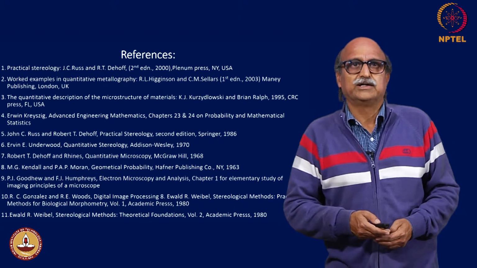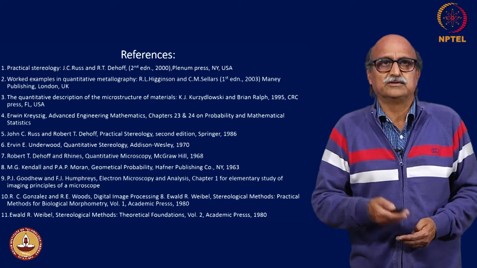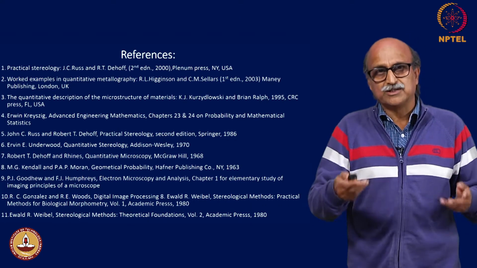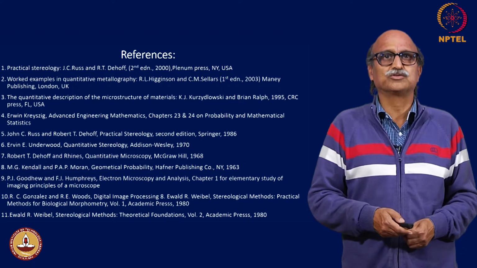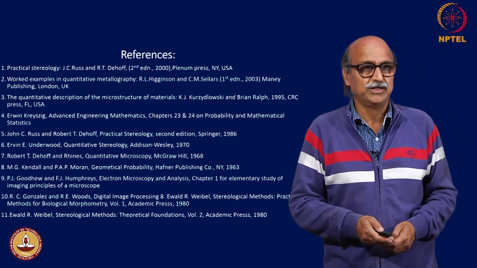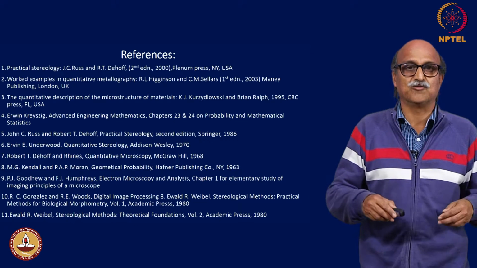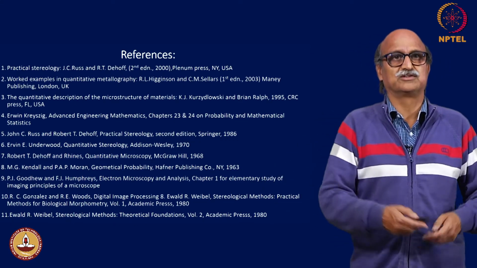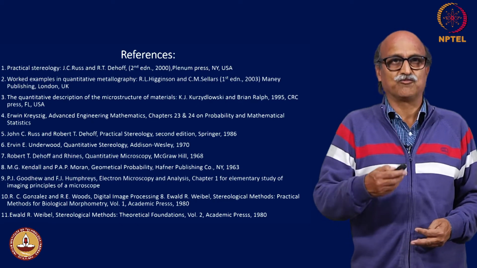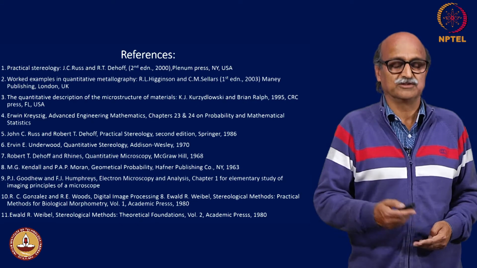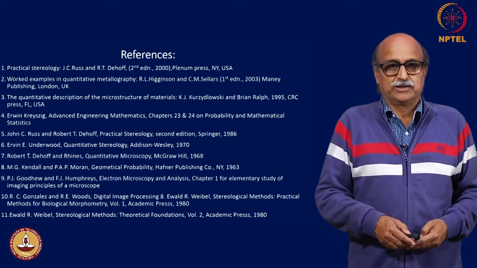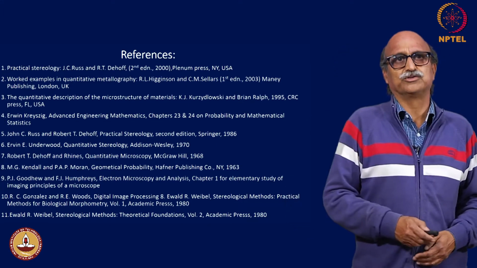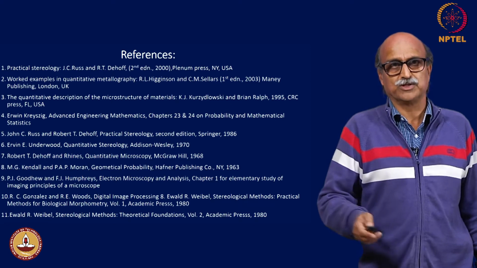And then the last 2 references, 10th and 11th, are mathematically quite involved books on stereology. People who actually want to start working or doing perhaps their research in this area would find references number 10 and 11 very useful. With this, I close this introductory talk on this particular course.